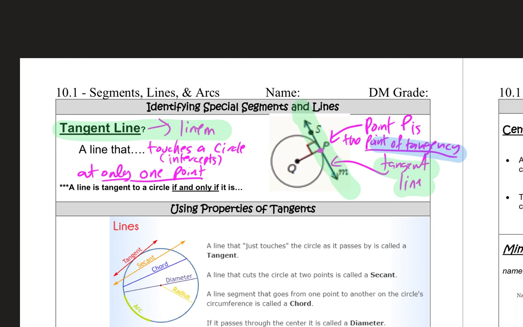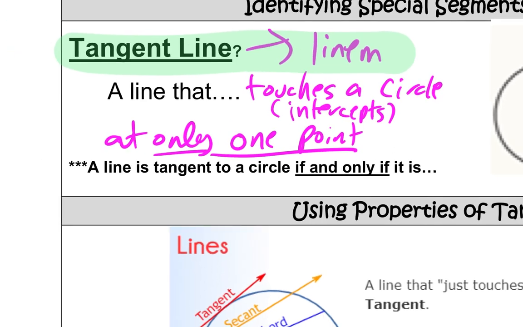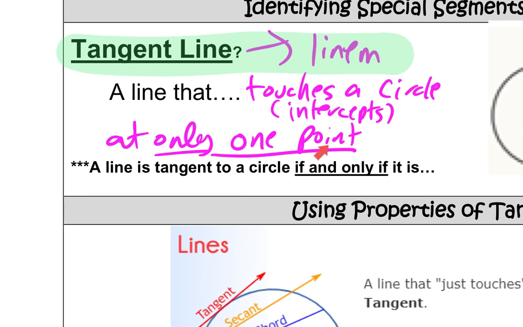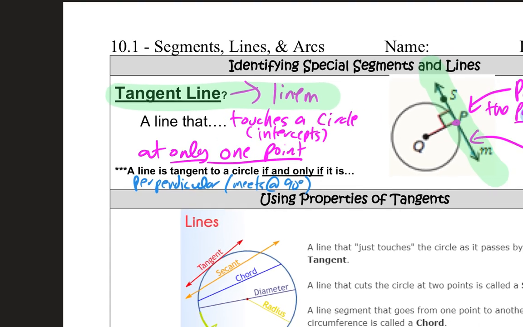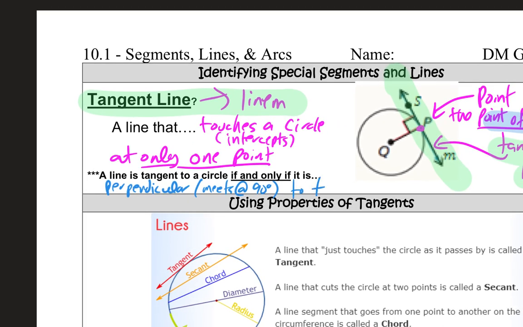One thing that we do know about a tangent line is it touches at only one point, because a line is tangent to a circle if and only if it is perpendicular, which means it meets at 90 degrees. So it's perpendicular to the radius.